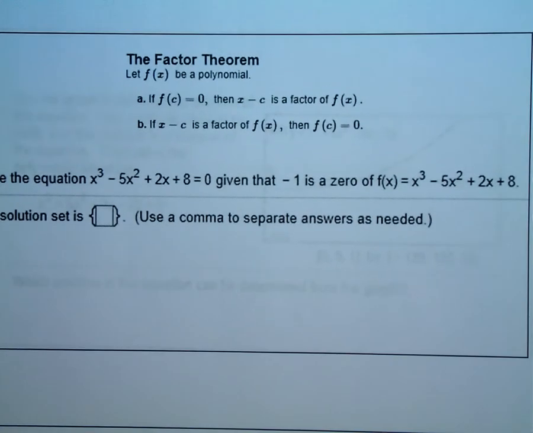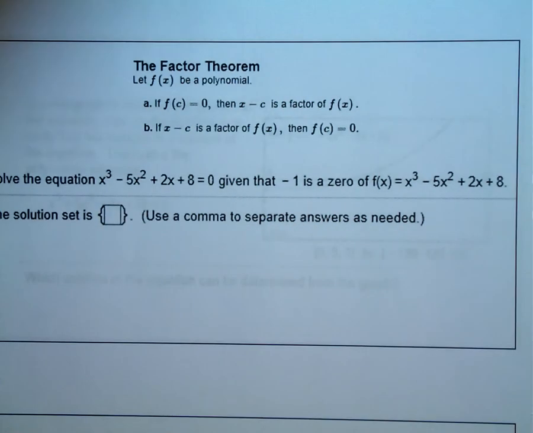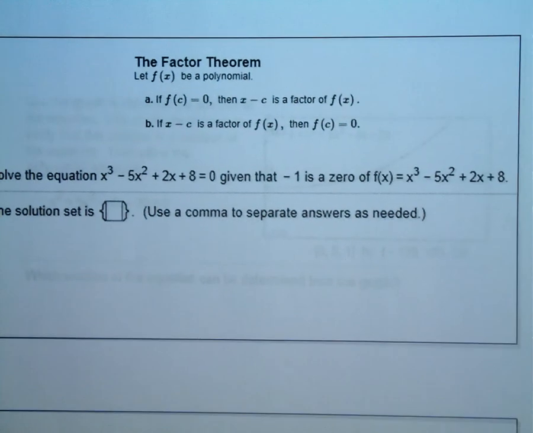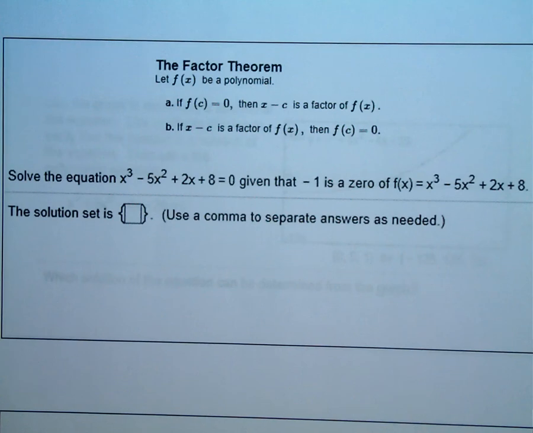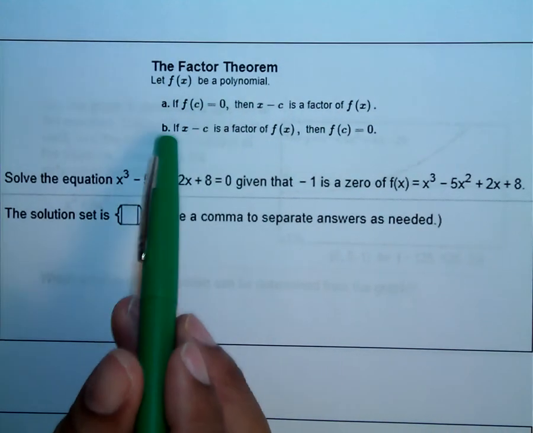Alright, so now we have a factor theorem. It says let f of x be a polynomial. I'm trying to zoom out so you can see all of it. There it goes. Let f of x be a polynomial.